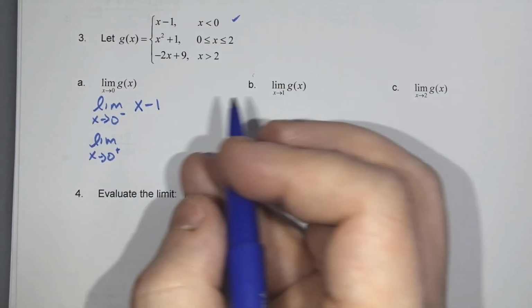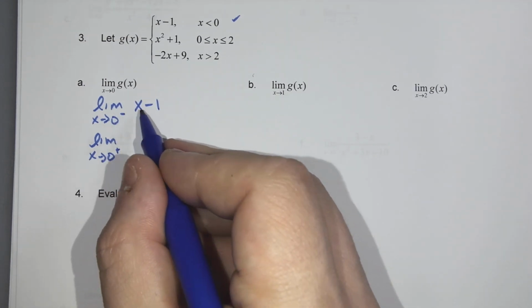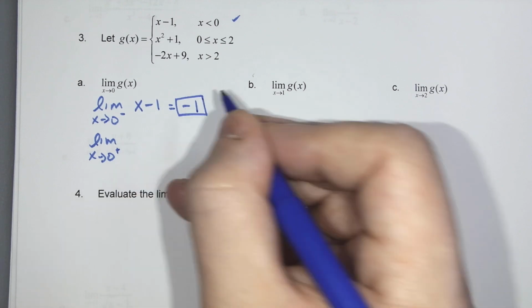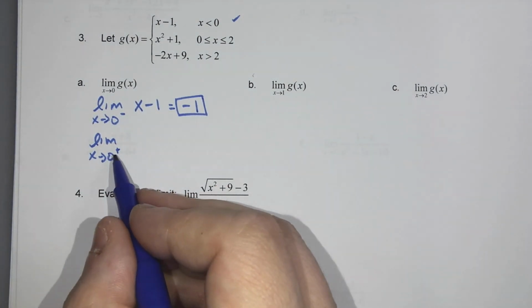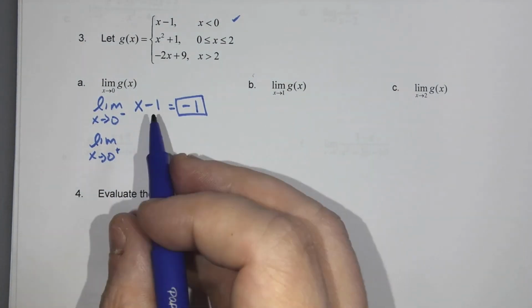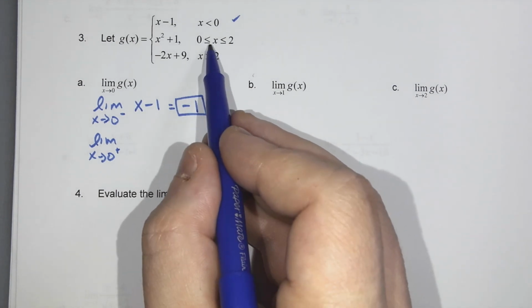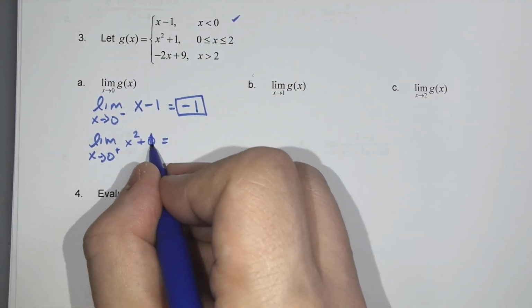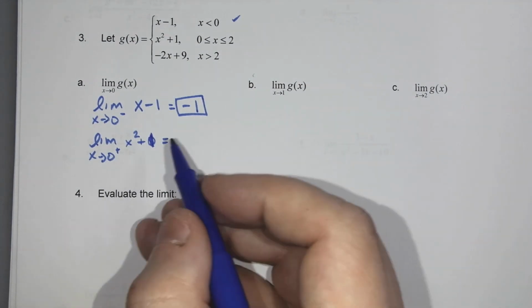That rule is x minus 1, and as x approaches 0, could I just plug in 0? Yes, I can. I get negative 1. If we approach 0 from the right, so we're a tad more than 0, we're following this rule, which is x squared plus 1. And if I replace x with 0 there, I get 1.